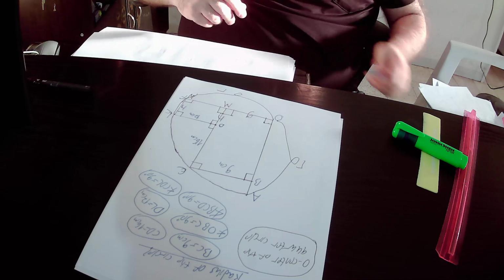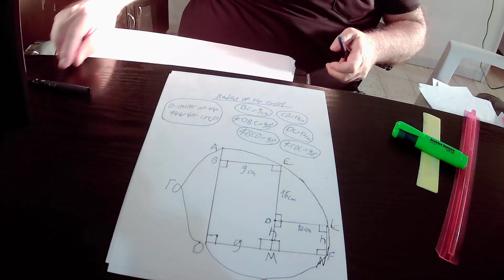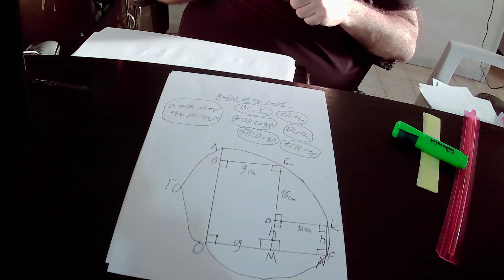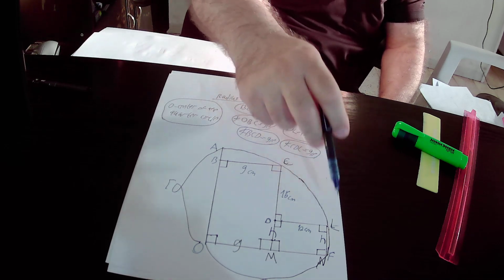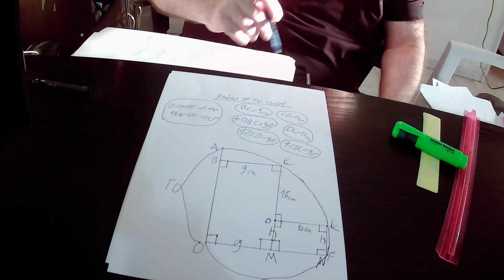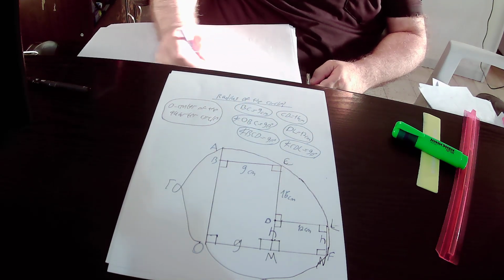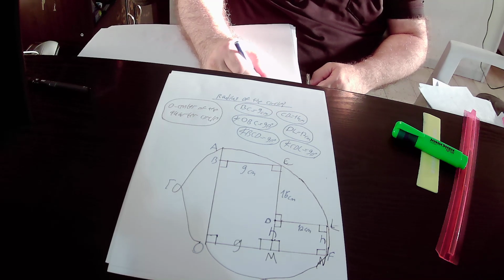Likewise, according to the same rule that the opposite sides of a rectangle are equal to each other, we will get that in rectangle DLMN, side DL must be equal to side MN.